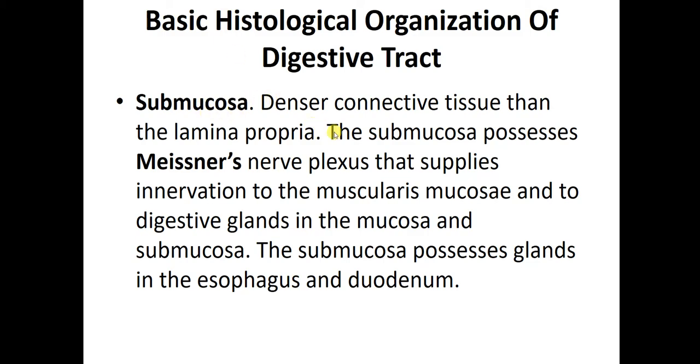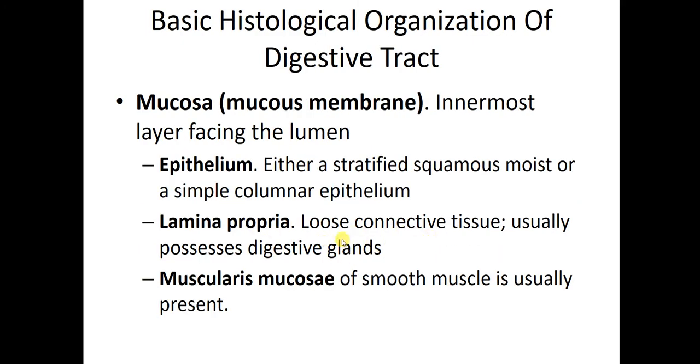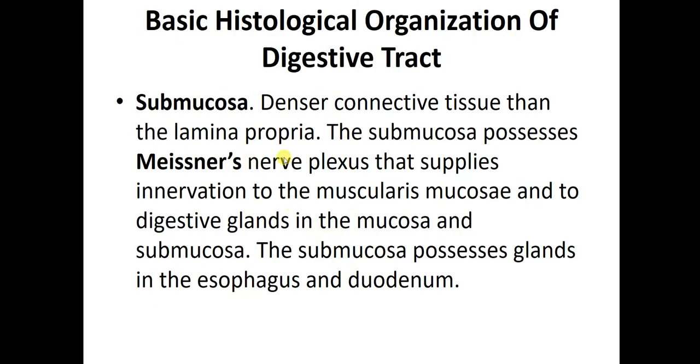In submucosa we have Meissner's nerve plexus. This Meissner's nerve plexus is usually the parasympathetic innervation of the digestive tract, and it also includes sympathetic innervation. And in lamina propria we also have another plexus, which we'll discuss later.